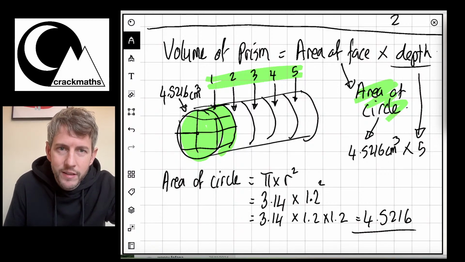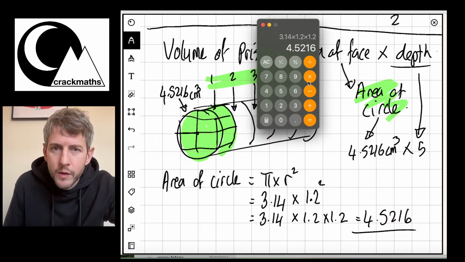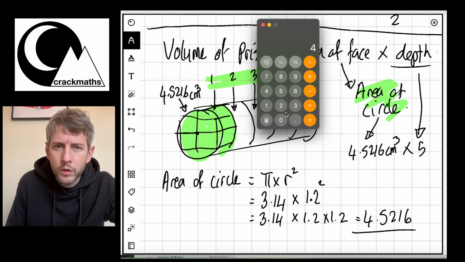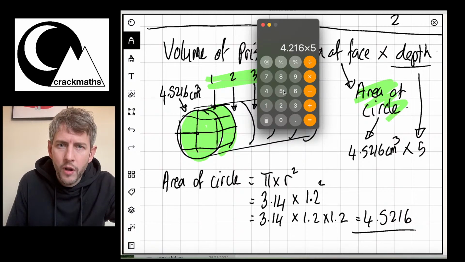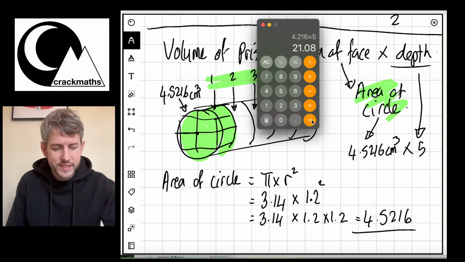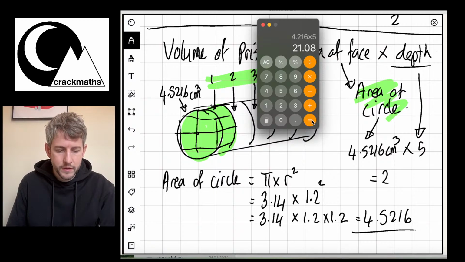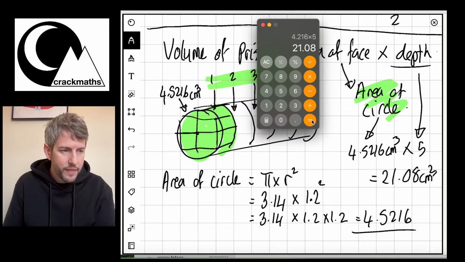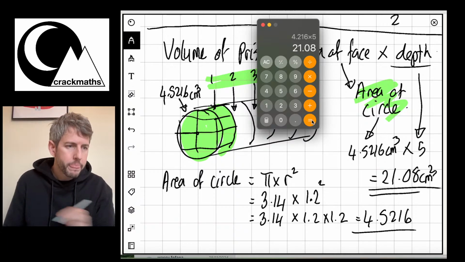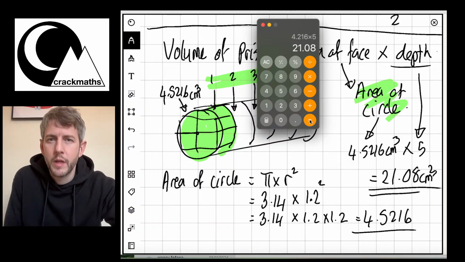Okay, so let me get that done. So here we go. We've got 4.5216 times 5. And that is going to equal 22.608 centimetres cubed. And that will be the volume of that shape.